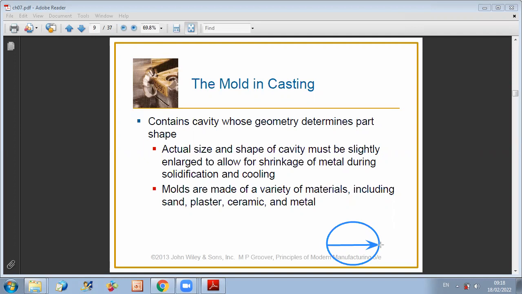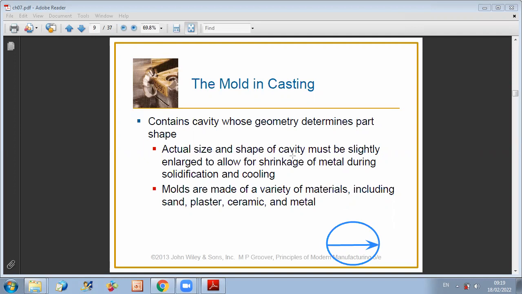Due to shrinkage of our object when it goes from liquid to solid state, which will lead to a reduction in volume, we need to make the size of the mold cavity a little bit larger than the desired final shape to take shrinkage into consideration.